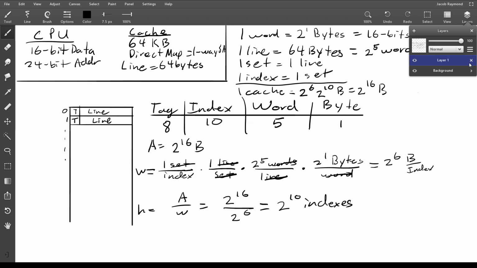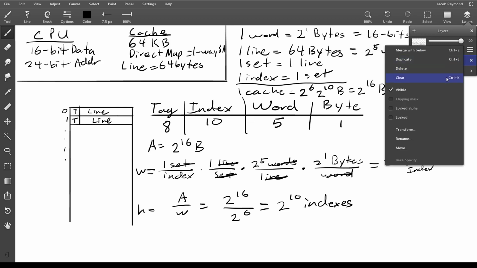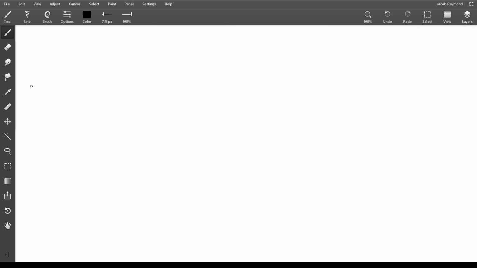So one last example I do want to give is a fully associative cache, which is probably the easiest of these options of all the different organizations to solve this for. And it'll become clear why. So we have our CPU. Let's say now we have 64 bits of data and also a 64-bit address.